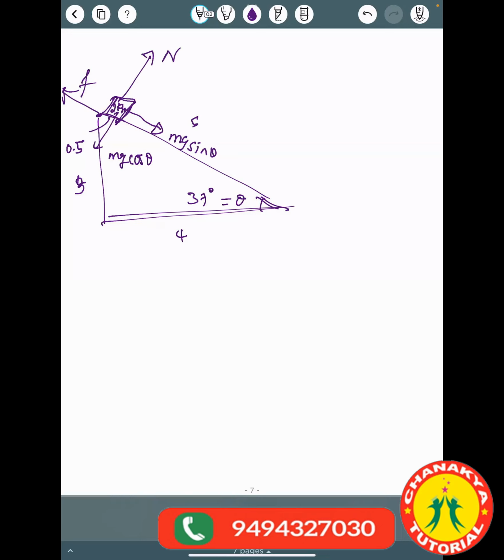Okay. So guys, first you have to check whether this block moves or not. For this block to move, the mg sin theta should be more than the maximum value of friction. So friction maximum value will be how much? N into mu. So mu is 0.5. Normal will be mg cos theta, because these two will be balanced, right? M is 2 kg, g is 10, cos 37 is 4 by 5.